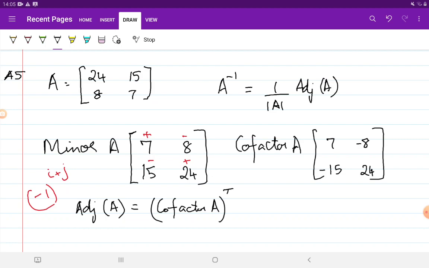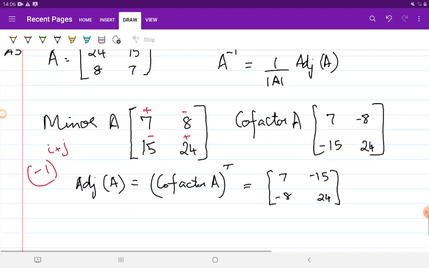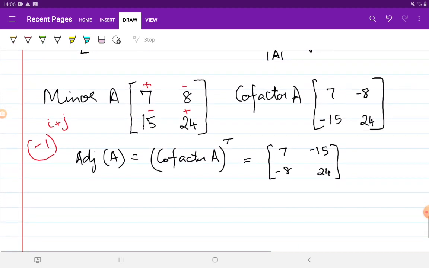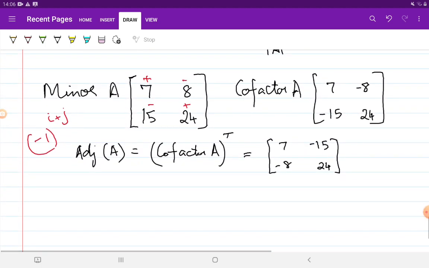So the transpose of the cofactor matrix will give me my adjoint matrix. So that is 7, minus 15, and minus 8, 24. This is fairly simple and not taking too much time because it's a 2 cross 2 matrix. A 3 cross 3 matrix is slightly more step intensive.